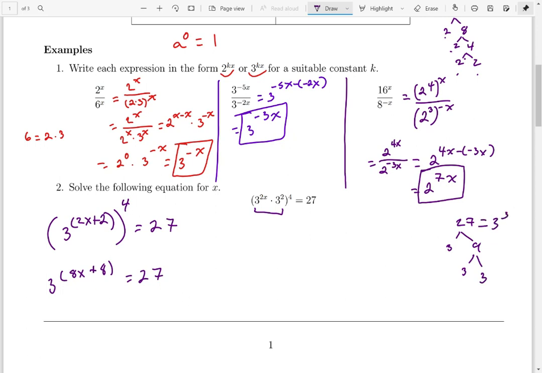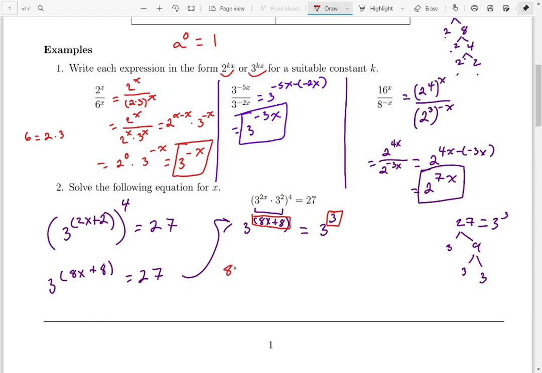And so that means that all of this tells me that 3 raised to the 8x plus 8 is the same thing as, well, 27 is really 3 cubed. Well, at this point, because we have matching bases, you can just set the powers equal to each other. Because if this is an equation, I now know that 3 must equal 8x plus 8.